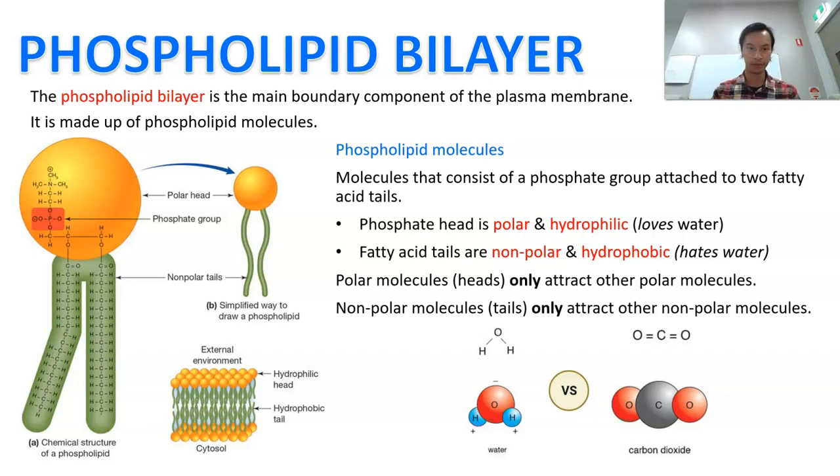Phobia is a fear. So these polar molecules are only attracted to other polar molecules, whereas these non-polar molecules are only attracted to non-polar molecules. So when you sprawl them out together, the heads are attracted to each other and form this blanket here. The tails are attracted to each other. And then the second phospholipid layer is upside down from the first one, right?